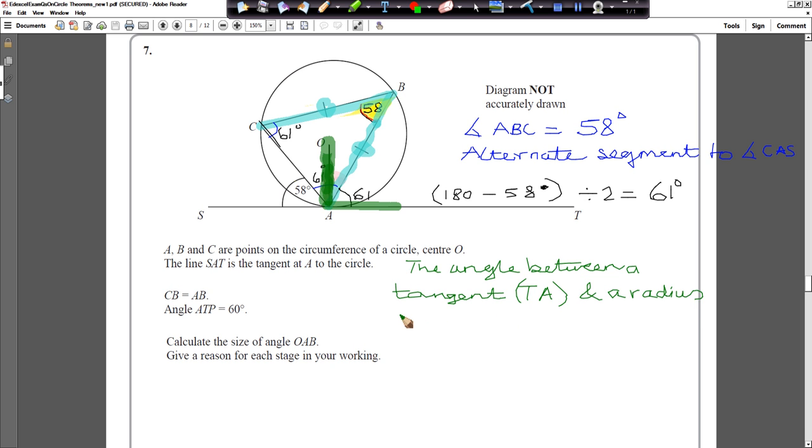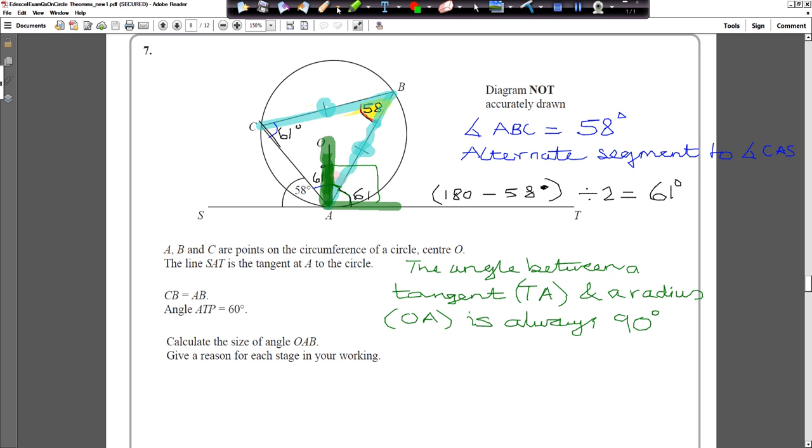And what is the radius? The radius is OA, because O is the origin of the circle. Is always 90 degrees. So we know this angle here is 90, and we know this one here is 61. So we can work out our missing angle.